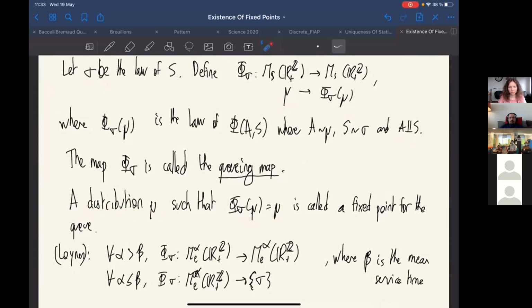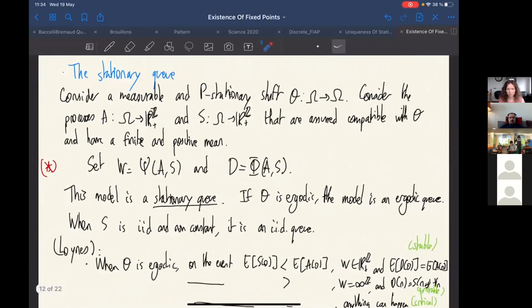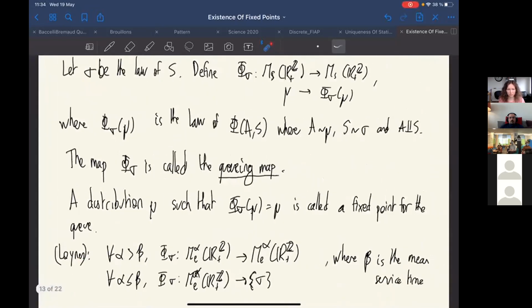And what I've written underneath is the reformulation of the results of Lorenz from the previous slide. So if you have beta, the mean service time, and alpha, which is greater than beta, then phi sigma goes from the space of ergodic measures of mean alpha into the space of ergodic measures of mean alpha.